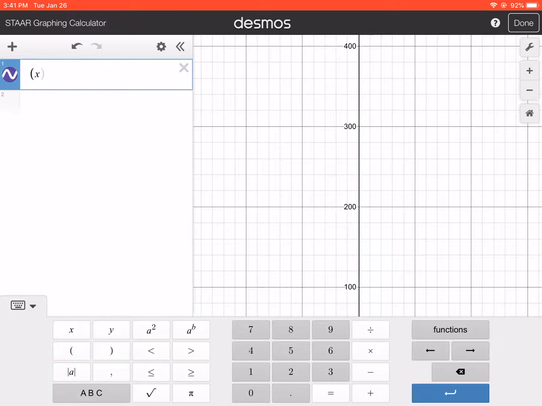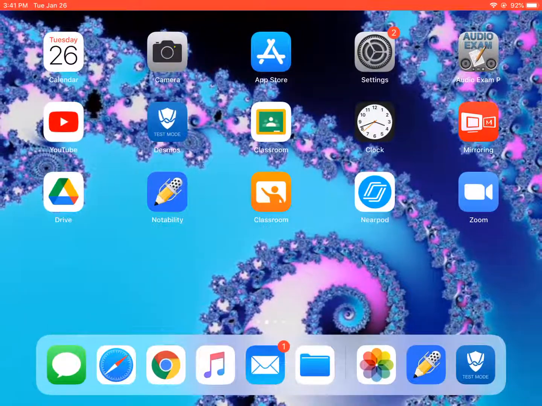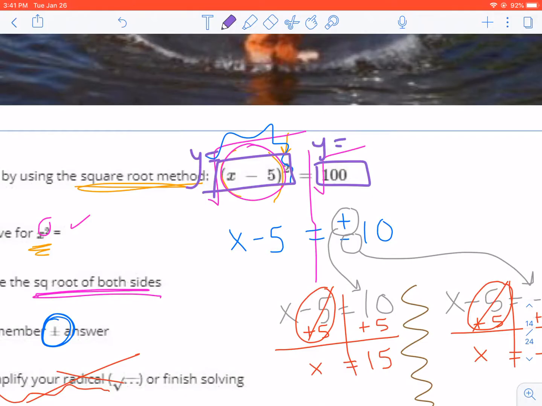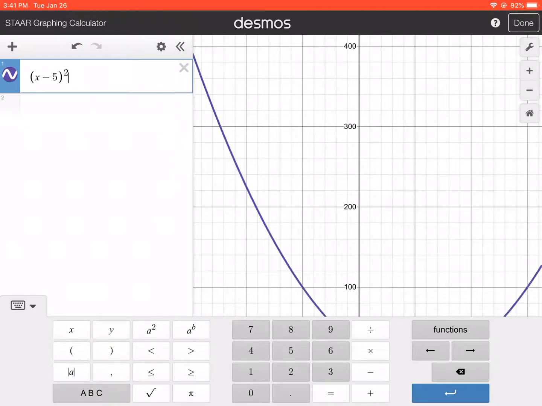So again, x minus 5, and then we have our squared, and then our equals 100.